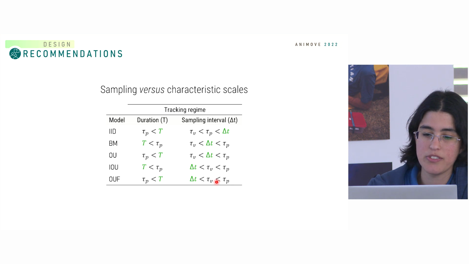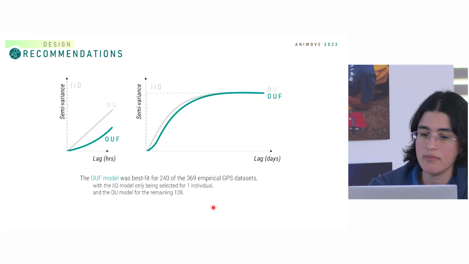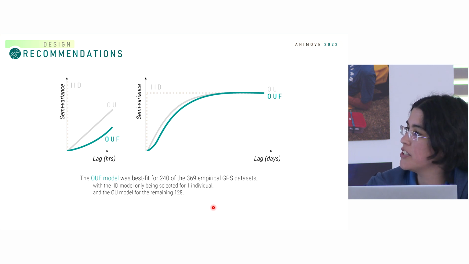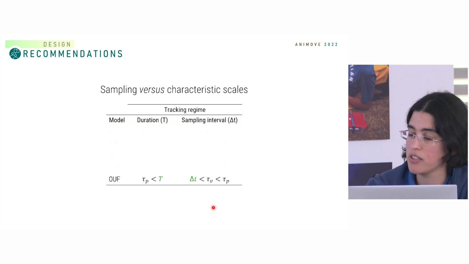And we want the sampling interval to be smaller than both the position autocorrelation and the velocity autocorrelation, so it can actually correctly get those two values. We know from all of the empirical GPS data sets that we have access to that the OUF is the more commonly selected model. And again, remember the OUF has both velocity autocorrelation and position autocorrelation.